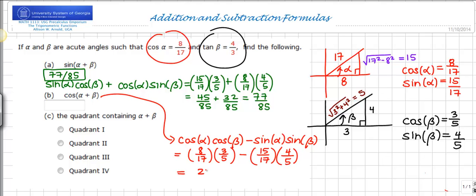We have 24/85 minus 60/85 for a total of negative 36/85.